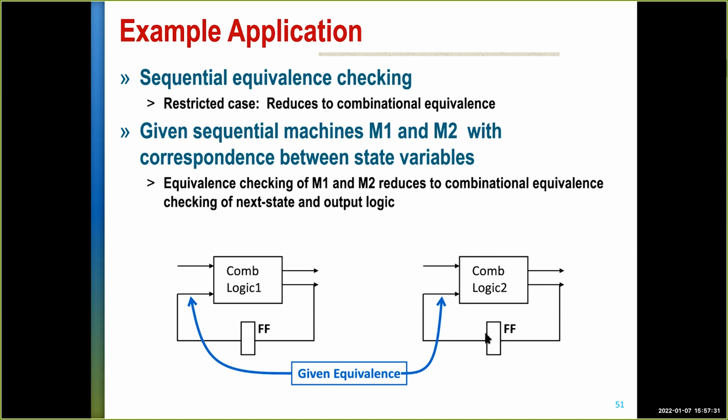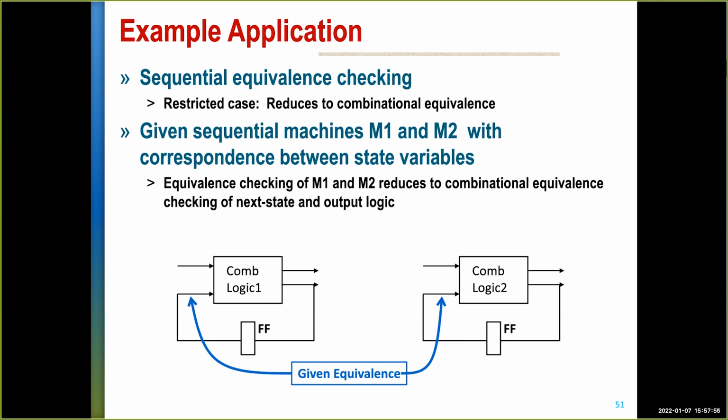But if the equivalence between corresponding state variables is given, then really all you need to do is check the equivalence of the combinational logic, right? The next state logic and the output logic. So this actually reduces to combinational equivalence checking if the equivalence between the state variables is given.